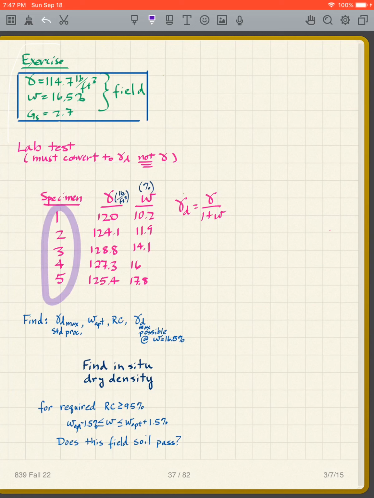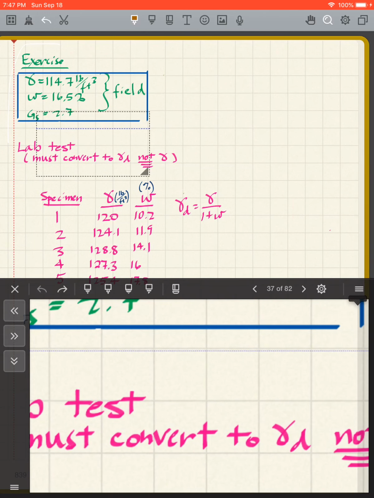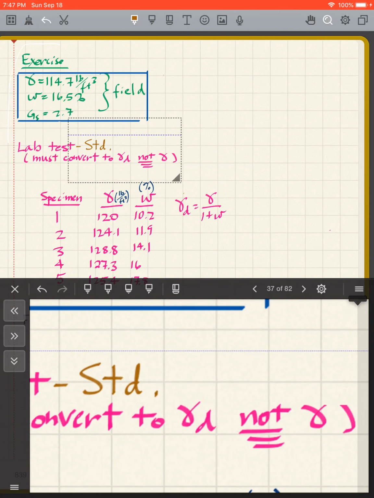I do my 5 specimens, and at the end of compacting them, this is the standard Proctor test. So let's just indicate that it is the standard Proctor.